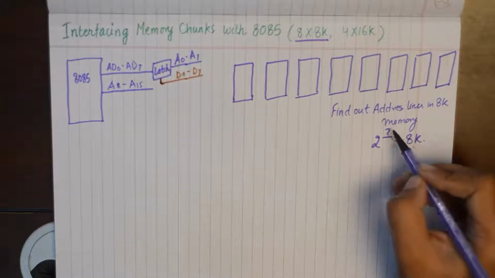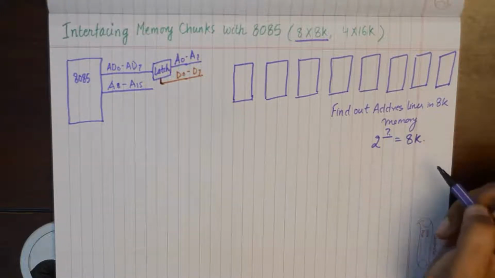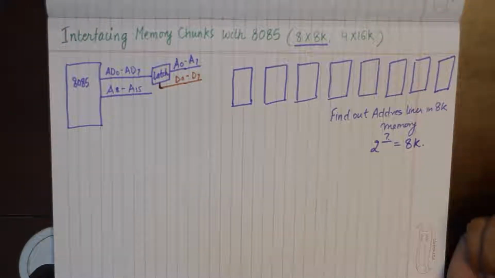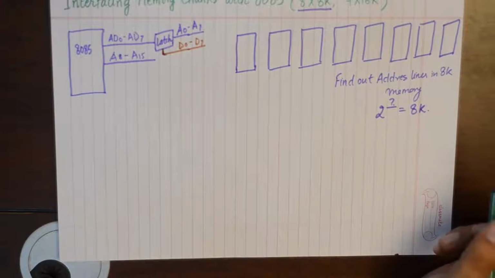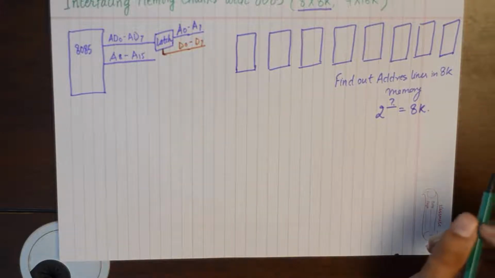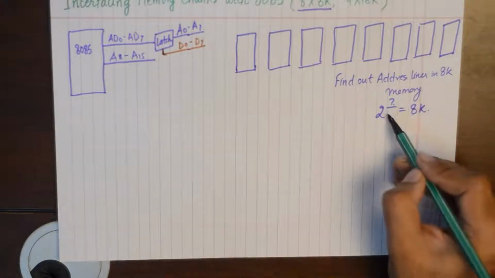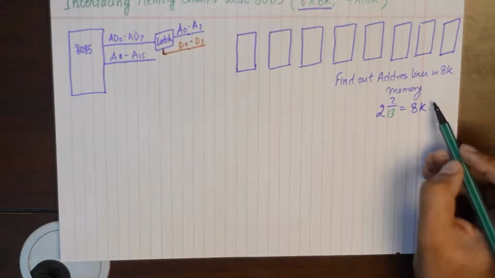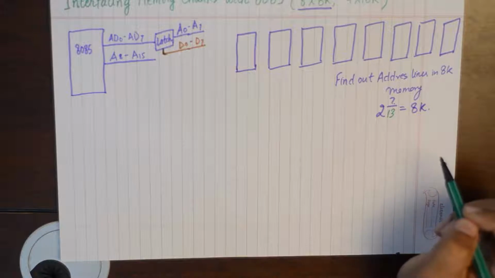We need to refer to that table to find out the number of address lines. If you refer to that 2 raised to the power table, we'll find that this question mark is 13. So an 8K memory will have 13 address lines.